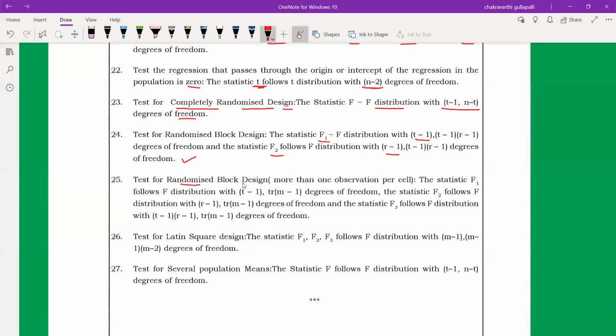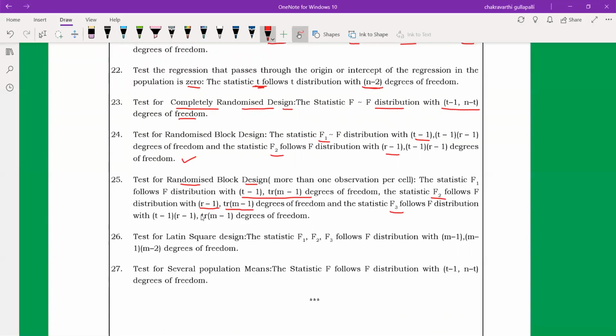Test for randomized block design with more than one observation per cell. The statistic F1 follows an F distribution with t minus 1, trm minus 1 degrees of freedom. This is very, very important for the examination. Straight question: F2 follows an F distribution with r minus 1, trm minus 1 degrees of freedom.